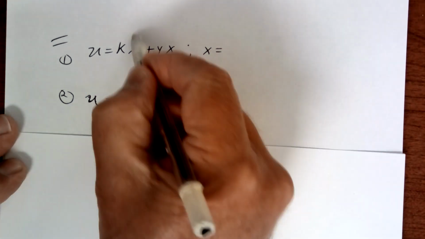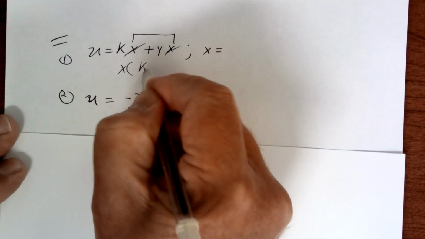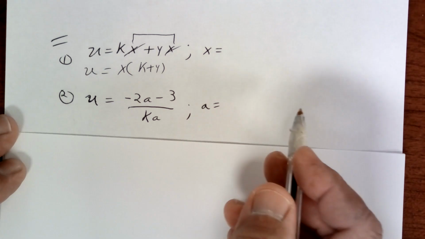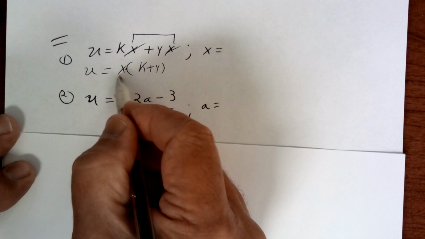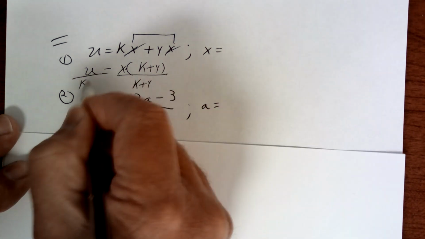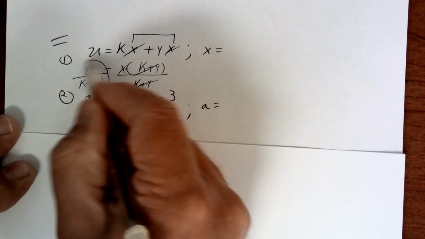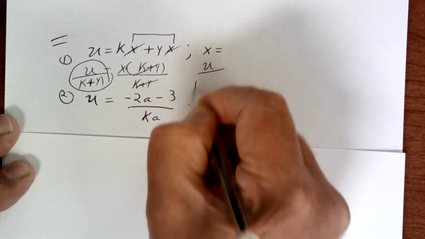Take an x out, and you're left with k plus y is equal to u. And then the opposite of multiplying is division, so you're going to divide by k plus y. When you do that, this cancels. There's your answer. Okay? u divided by k plus y.